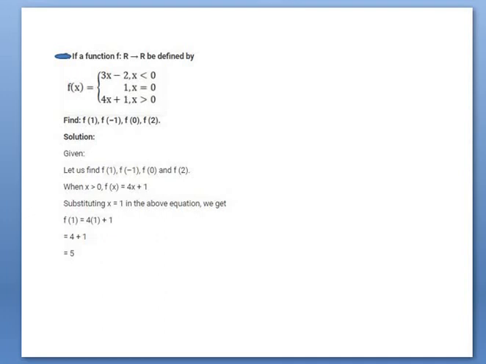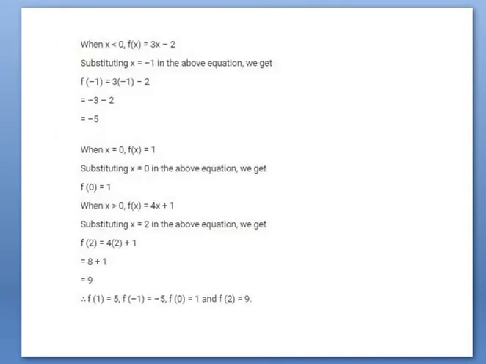When x is greater than 0, our value is 4x plus 1. As 2 is greater than 0, I have to choose this third condition, third equation. So here I have written that when x is greater than 0, f of x is equal to 4x plus 1. Now substituting x equals 2 in the above equation, we will get f of 2 is equal to 4 into 2 plus 1, and if you multiply 4 and 2, you will get 8. So 8 plus 1 is equal to 9.